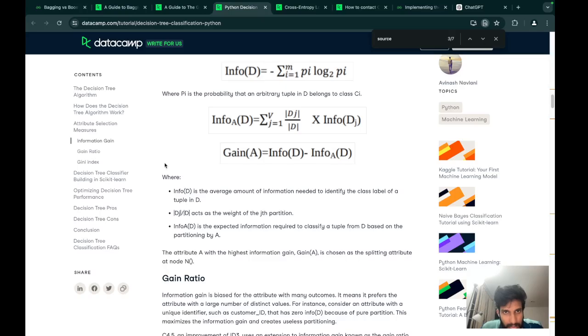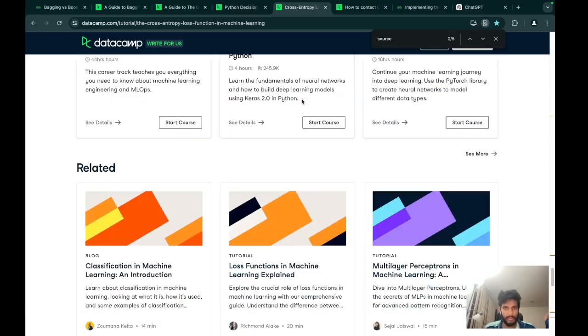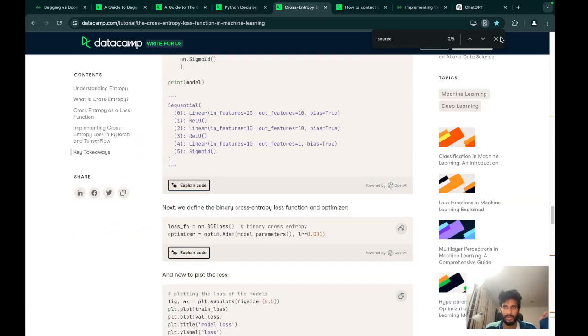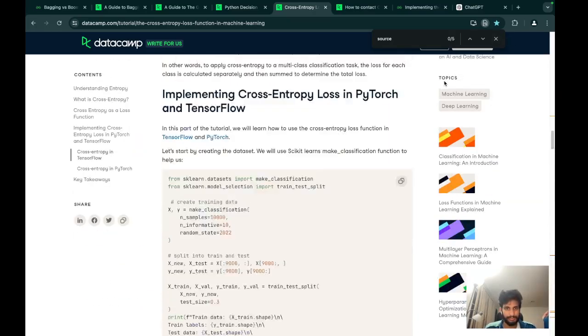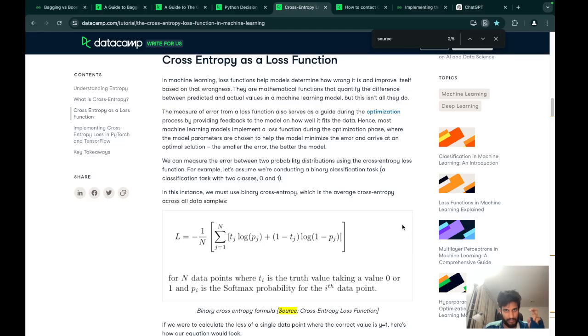So let's look into this again. Okay, so Info(D) here is basically the cross entropy. You know, this cross entropy we've been seeing in every other article.